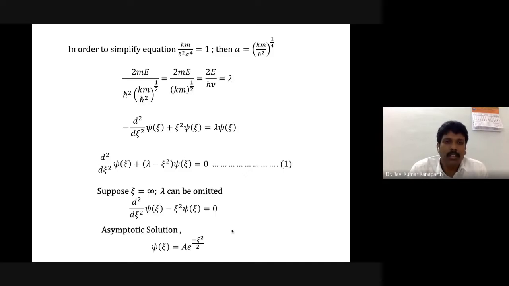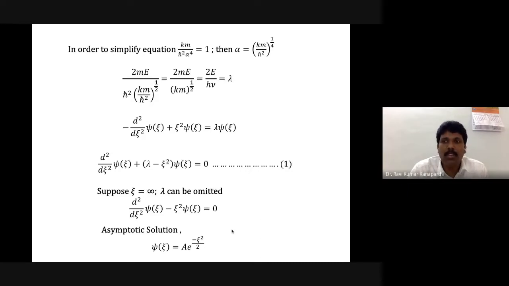Please recall, z is nothing but alpha times x. x is nothing but the displacement. So z is, in other words, a displacement quantity, but for some reason we have started using the z value. And as this z value approaches infinity, the wave function must tend to 0.